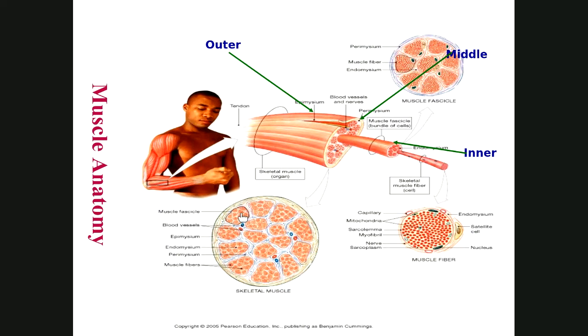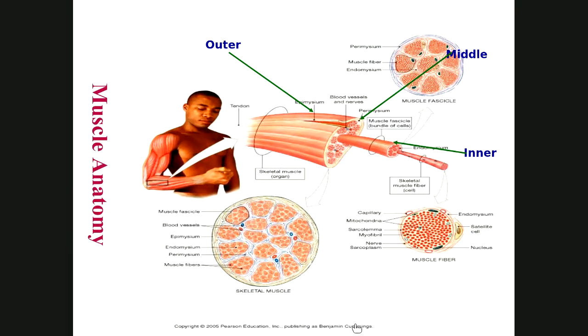The connective tissue around the fascicle is called the perimysium. And then within the fascicle, there are individual little tubes called muscle fibers. The connective tissue around the muscle cell is called an endomysium.